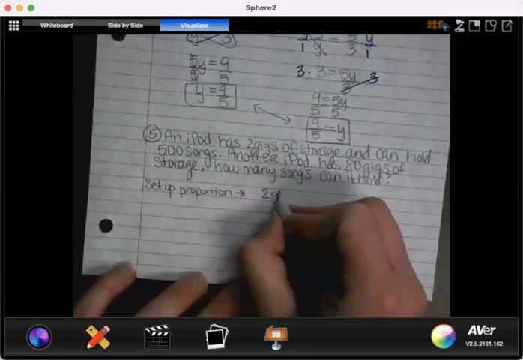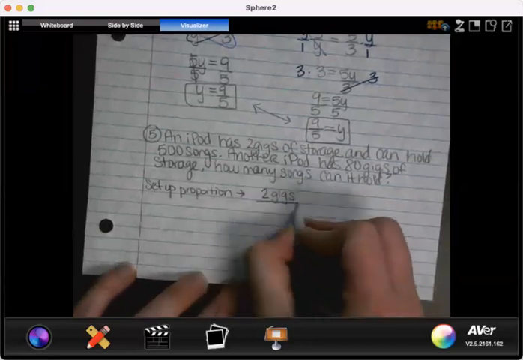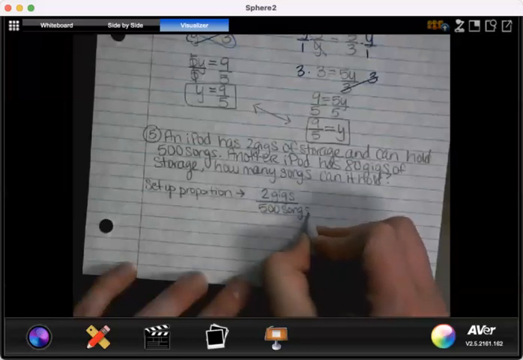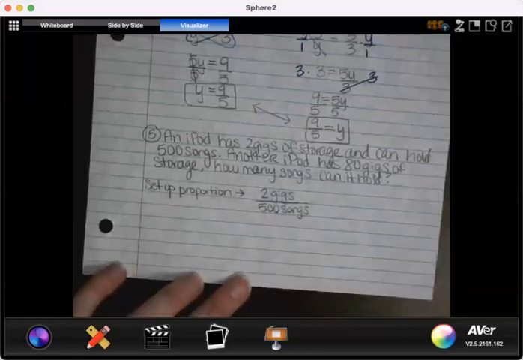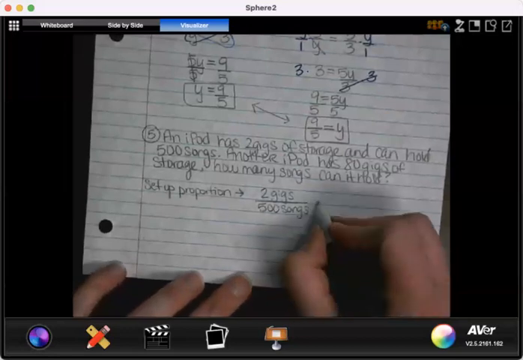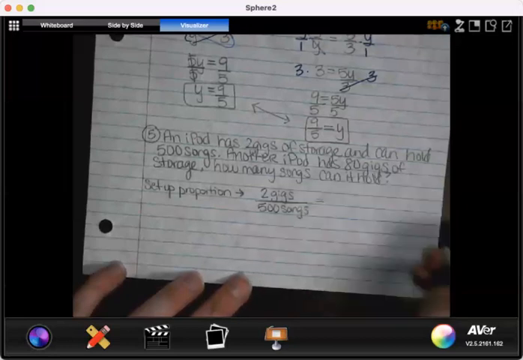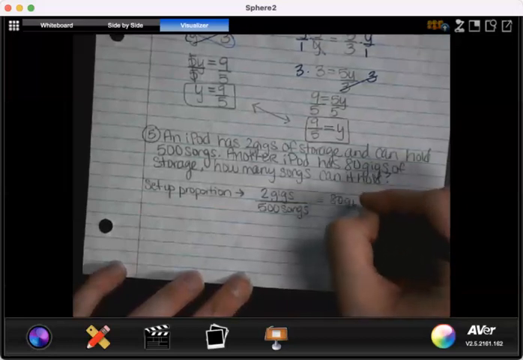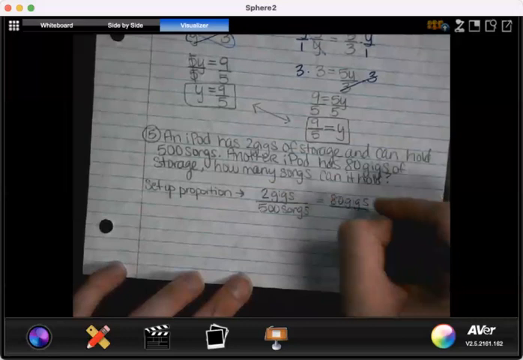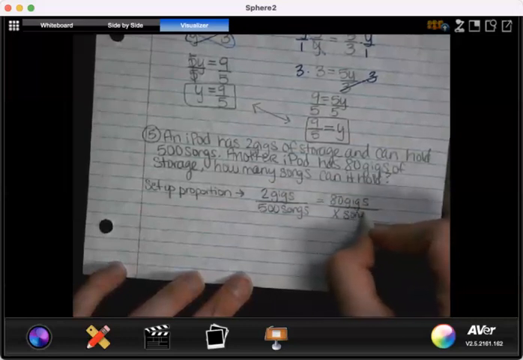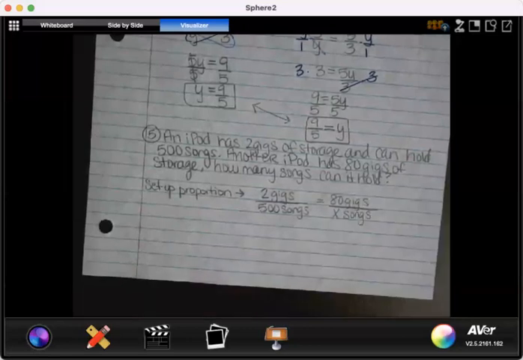So we're going to set it up like we set up our work the other day, in fraction form. And what we know about the other iPod is that it has 80 gigs, but we don't know how many songs it has. So I'm going to put X. Okay, it has X amount of songs.